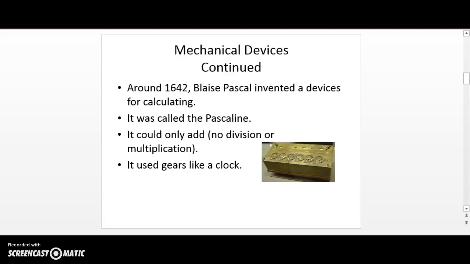There was no consistency because these were actually manufactured and crafted by hand, and so it was very possible for each gear to be slightly different. So you had consistency issues in the manufacture of it, which affected its reliability. It was not necessarily the most reliable device because there was no way to standardize the production of the components for it.